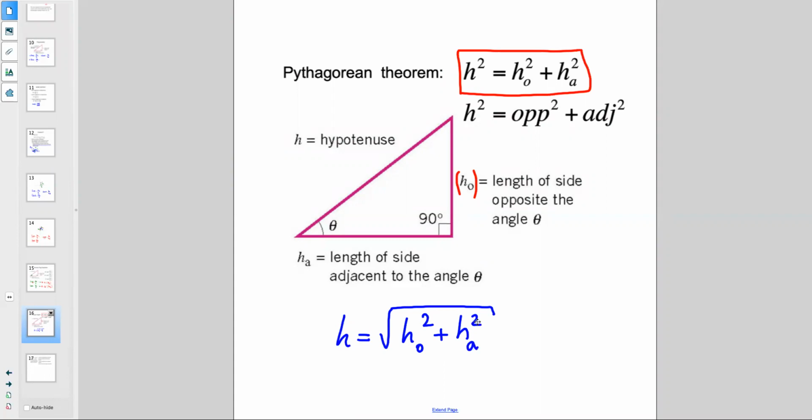So the Pythagorean theorem is exactly what I just wrote here. You can find the hypotenuse based on the length of the opposite side and the length of the adjacent side. Using this theorem, you can find the H, or the value that the vector had.